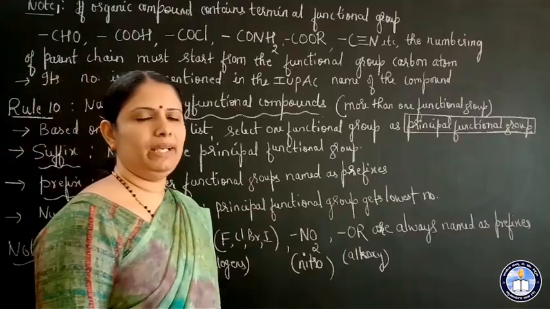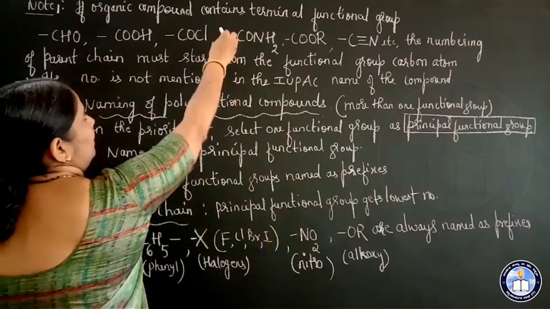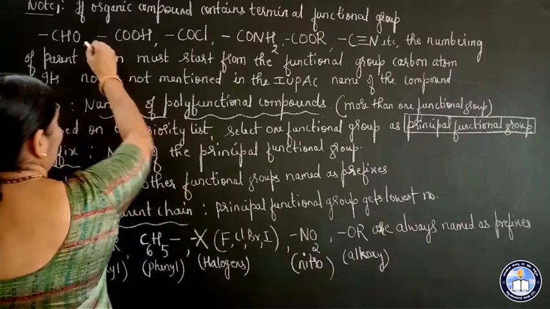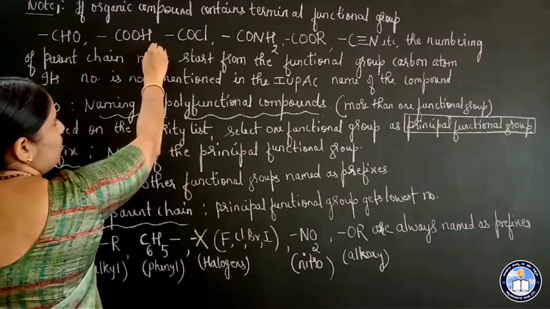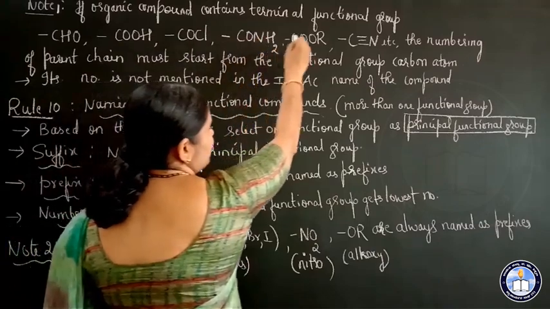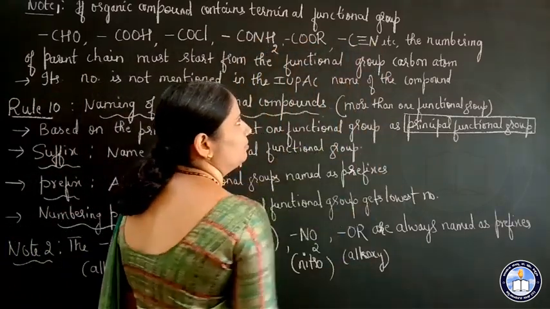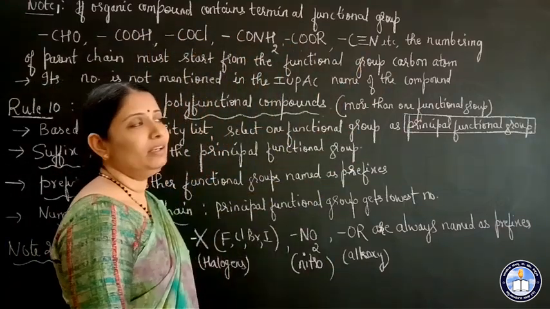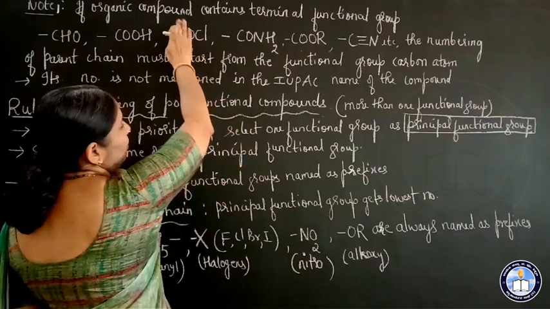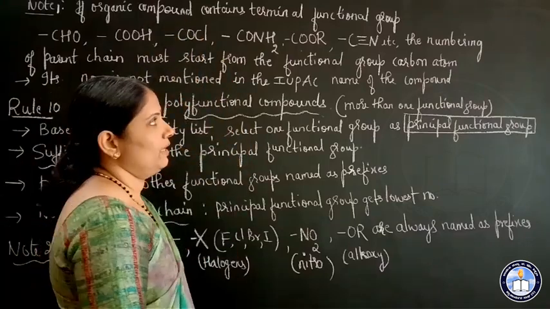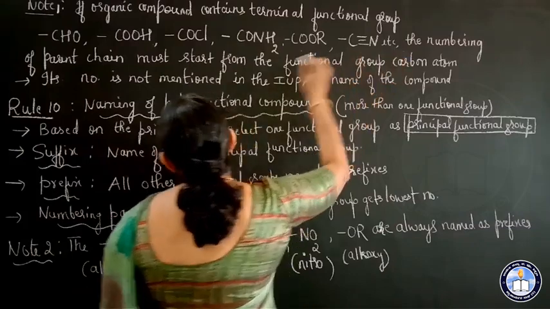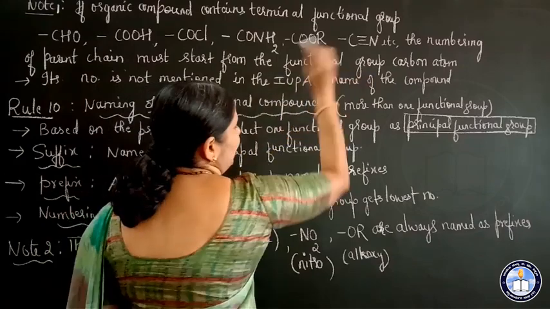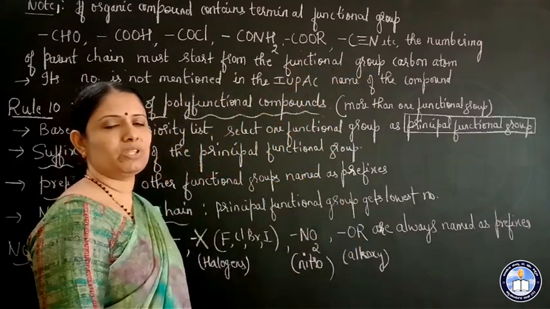So if the organic compound contains terminal functional groups, such as CHO, COOH, COCl, CONH2, COOR, CN, if these functional groups are present at the terminal of the organic compound, then the numbering of the parent chain must start from the functional group carbon atom. So how do you start the numbering?